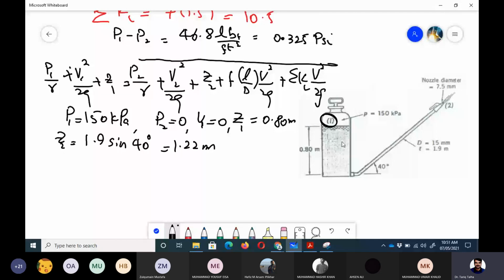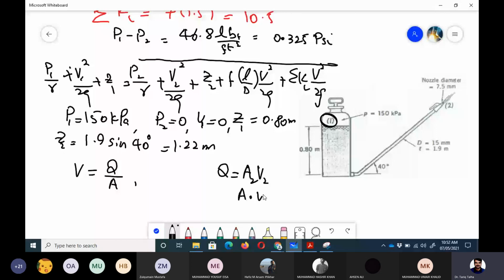V2 can be written in terms of this V value which is inside this pipe. So first of all, V is equal to Q upon A, right? And then we can also say that Q is equal to A2 V2, right? The diameter values inside the pipe and at the exit of the nozzle are given, so A into velocity would be equal to A2 V2.